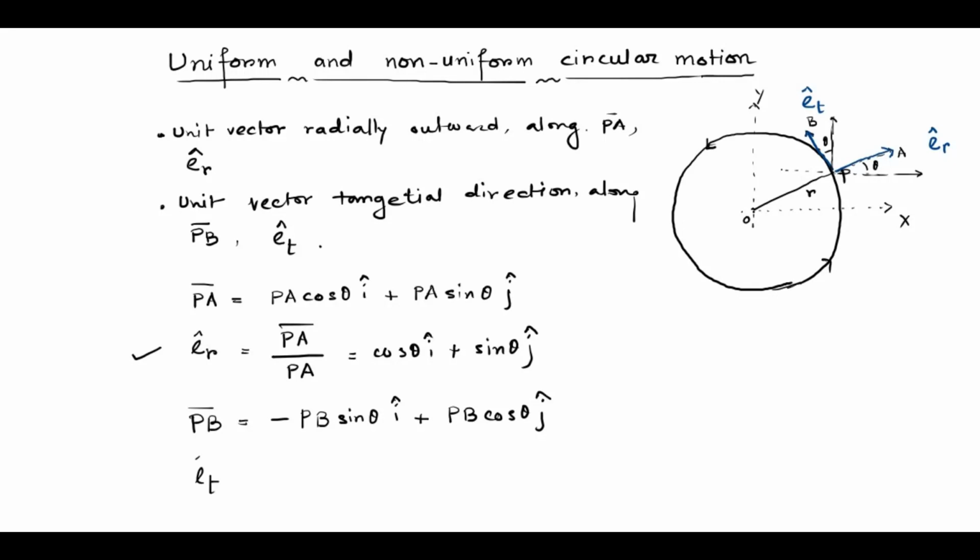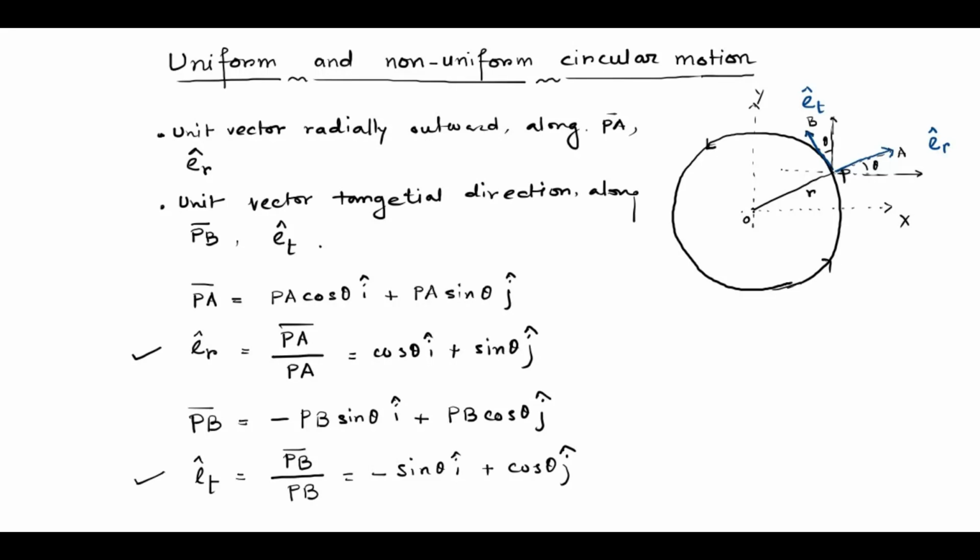So the ET vector in the tangential direction is PB vector by PB, equal to minus sin theta i hat plus cos theta j hat. Okay, so we calculate the ER hat unit vector and the ET vector along the tangent.